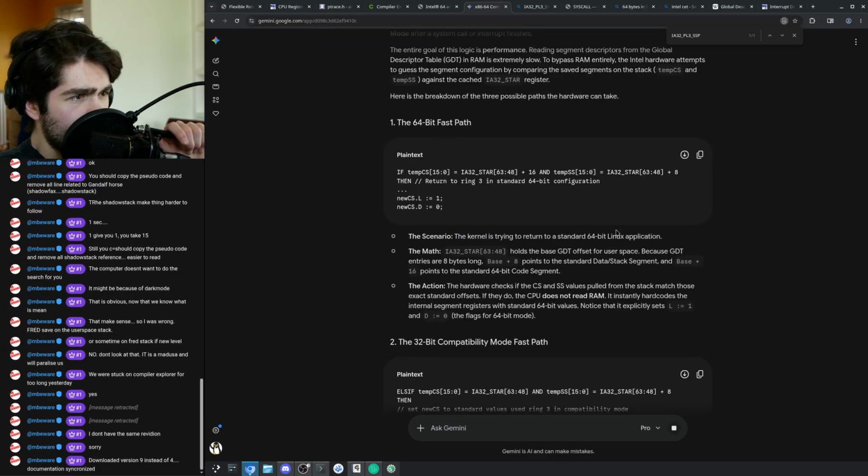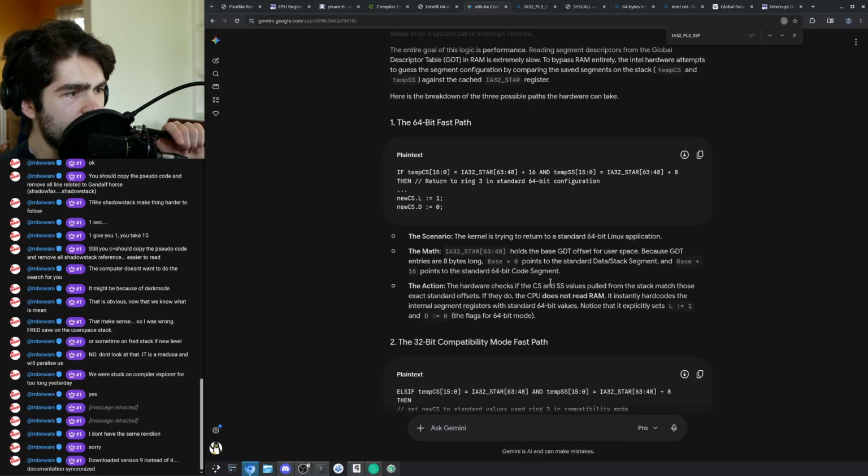Okay. The scenario: the kernel is trying to return to a standard 64-bit application. The math: IA32 STAR holds the base GDT offset for the user space. Because GDT entries are 8 bytes long, base plus 8 points to the standard data stack segment, and base plus 16 points to the standard 64-bit code segment.